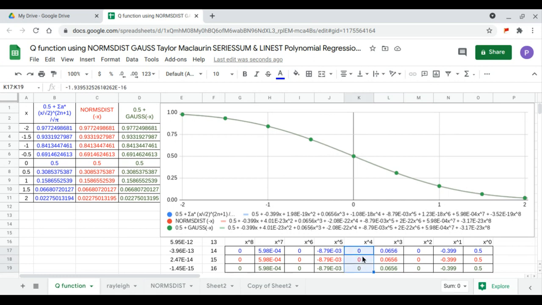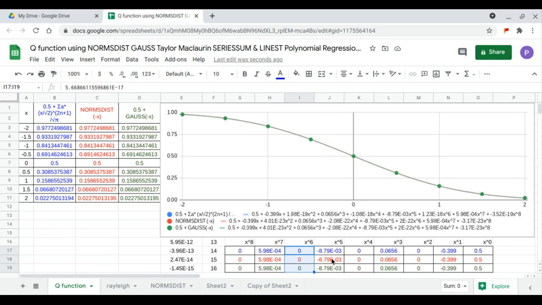X to the fourth, negative 1.08 times 10 to the minus 18, that's already 0. 2.08 times 10 to the minus 22, that's already 0. X to the fifth, 8.79 times 10 to the minus 3.